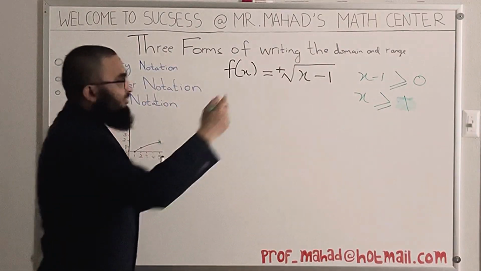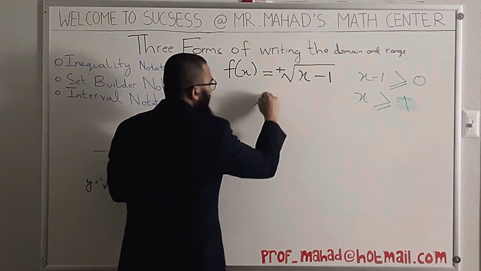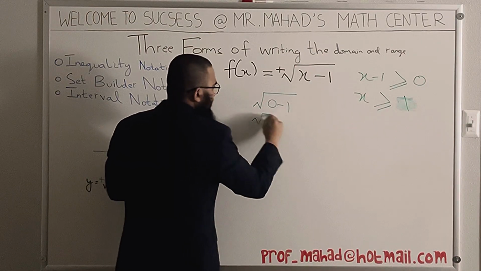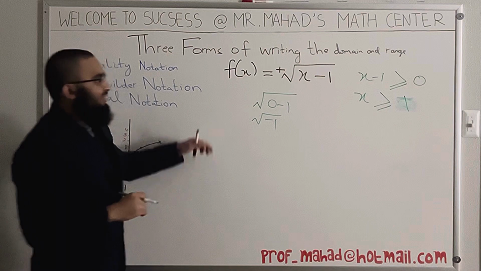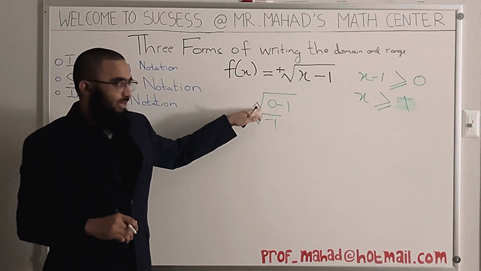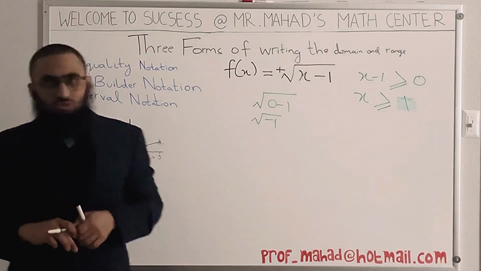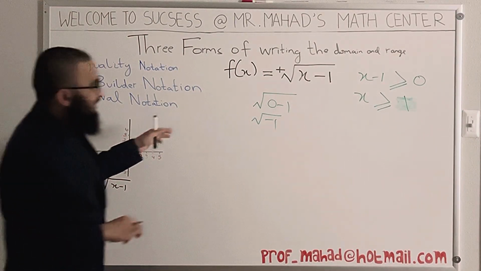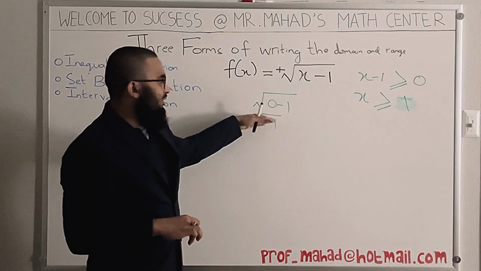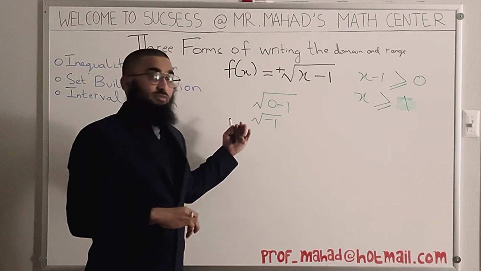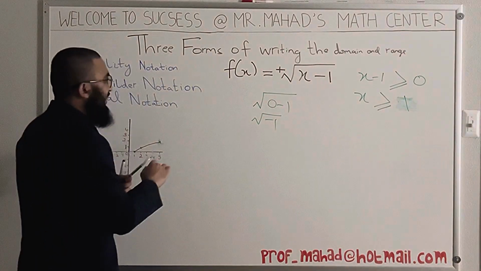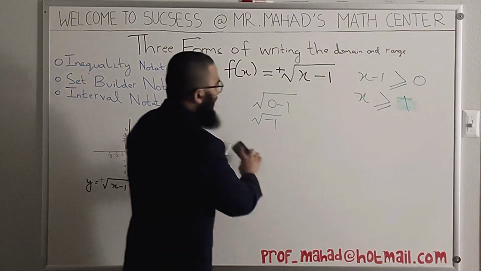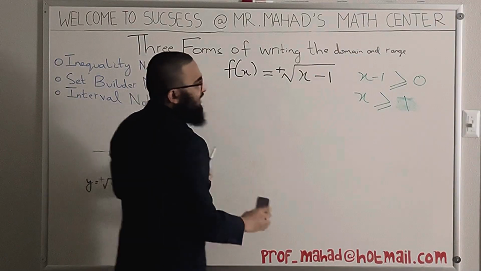For example, if you put x as 0, we get 0 minus 1, which is negative 1. This is an even radical, and it cannot have a solution if we have a negative value inside. Even a value less than 0 is going to go more towards the negative side, so we cannot take x as something less than 1. It can be 1 minimum and above.